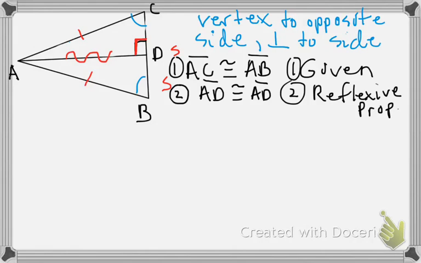Okay, so that's no big deal, and so I'm going to put that's a side. And the last time we used another side, but we don't know anything about CD, and we don't know anything about BD. But we do know we have this right angle here. So we're going to establish that that's a right angle and see if that helps us in any way. So let's do that.